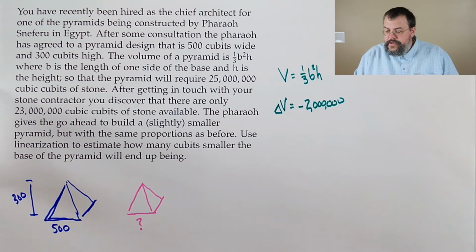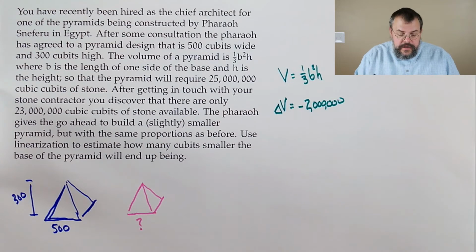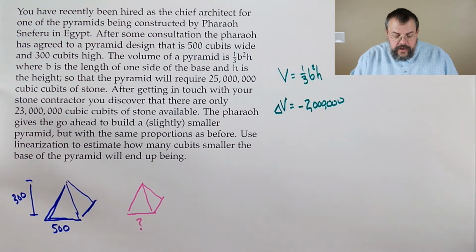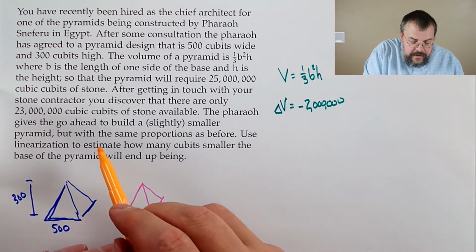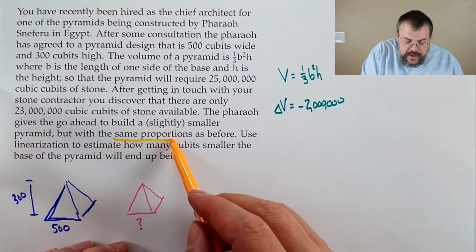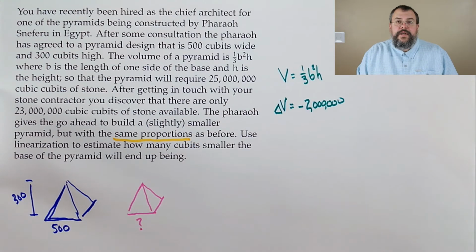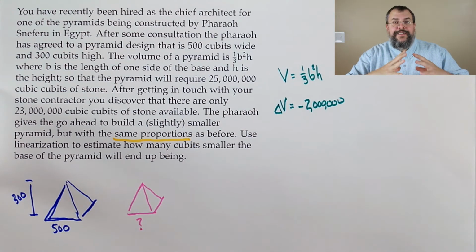Well, here's the idea. There's one other key phrase here, and we've already talked about it, but I'm going to highlight it. The same proportions. Well, what does that mean? That means we're going to scale everything.